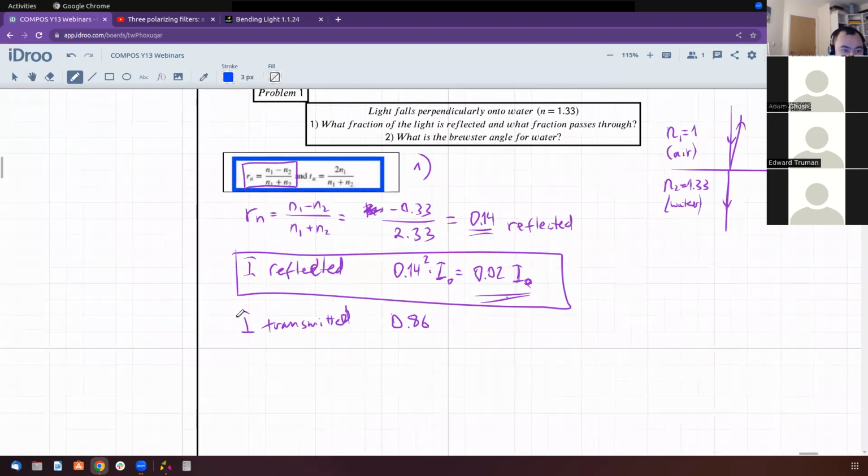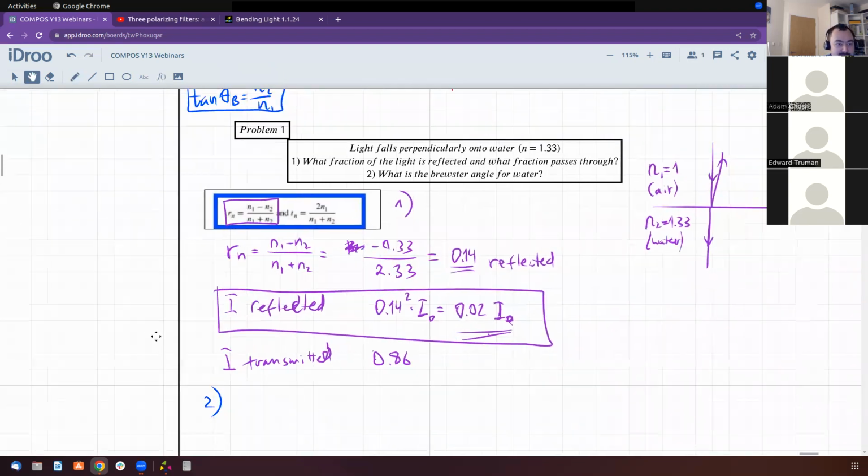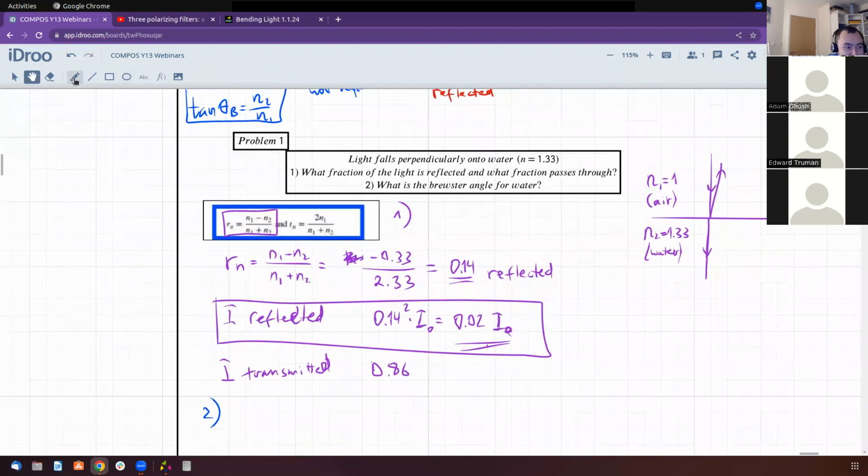And let's have a look. What is the Brewster angle for water? It would be embarrassing if I got the Brewster angle for water wrong. So tangent of theta Brewster is n2 over n1. So that's 1.33 over 1, which is 1.33.